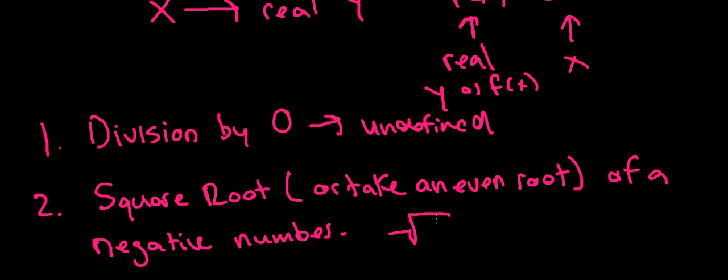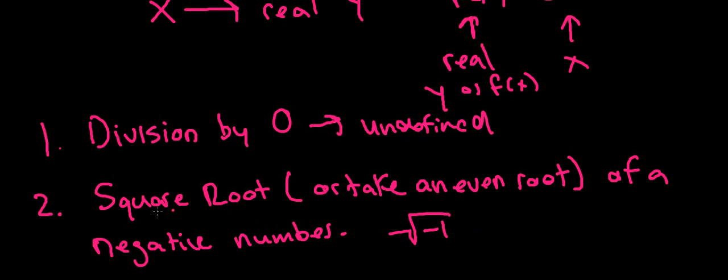Remember, we can't have the square root of a negative number because that would mean we would need two numbers to multiply together to equal -1, and that can't happen, at least not in the real number plane. There are such things as imaginary numbers, but they are not included in this function.